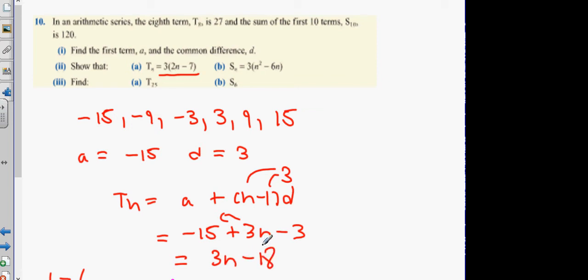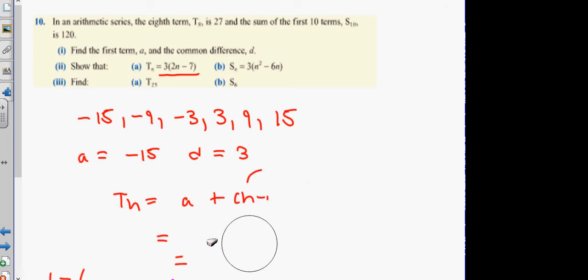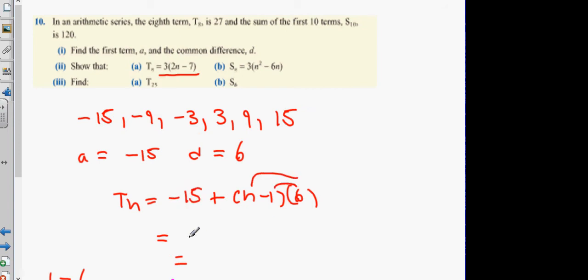Now, sorry? Oh, sorry, d is 6, excuse me. So it's a plus n minus 1 times 6. Multiply it out. a is minus 15, so replace a with minus 15. Minus 15 plus 6n minus 6.